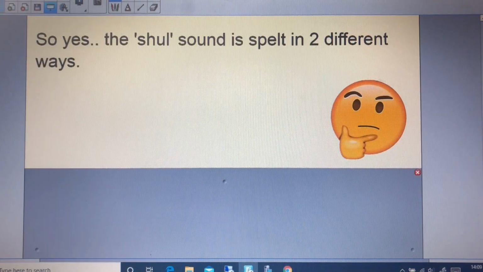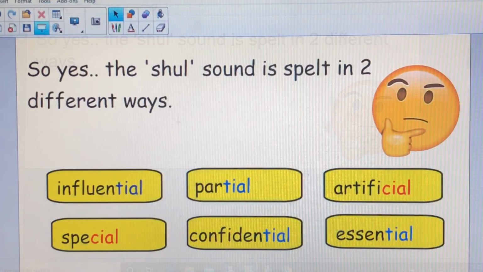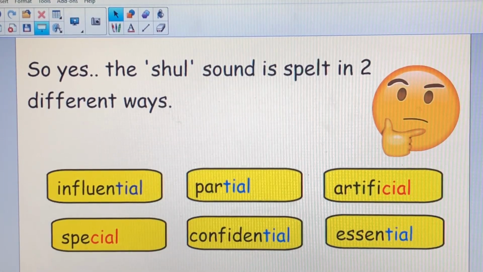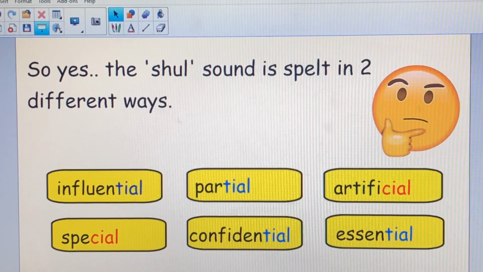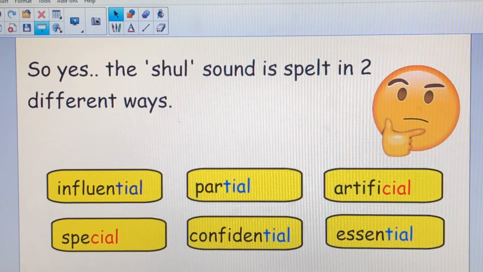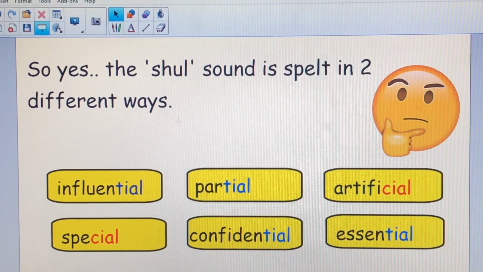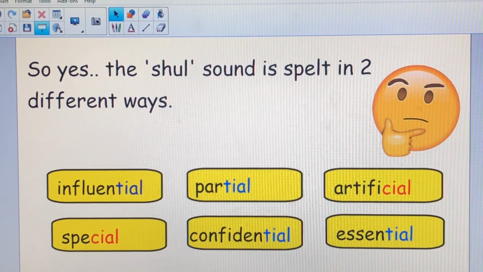So, yes, of course, you've all spotted that those words that we just wrote down, the shul sound is spelt in two different ways. Influential is spelt with a T-I-A-L, partial T-I-A-L, confidential T-I-A-L, essential T-I-A-L, but artificial and special, the shul sound is spelt with a C-I-A-L.